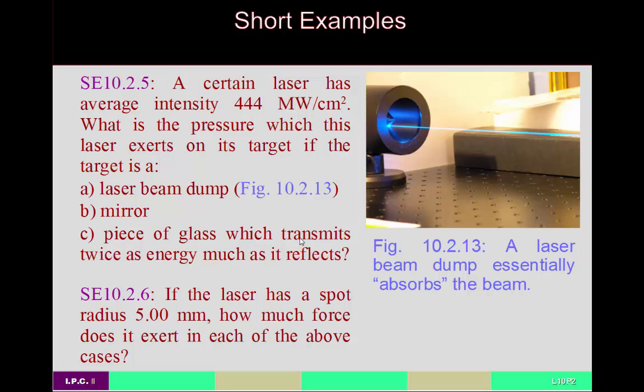We're going to assume, by the way, that the transmitted energy all ends up being absorbed by the piece of glass. It's also possible to transmit energy in such a way that almost none of it gets absorbed by the piece of glass.